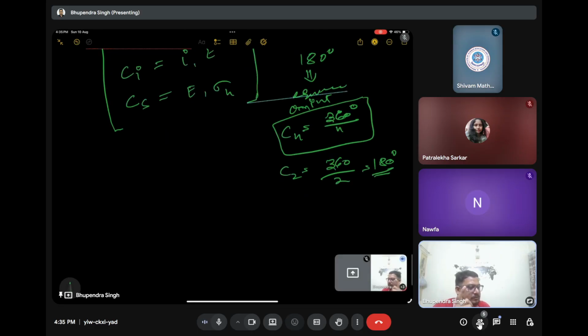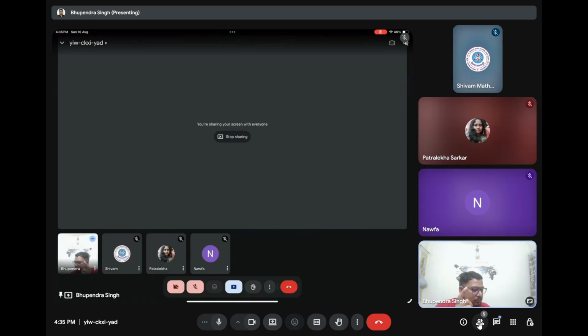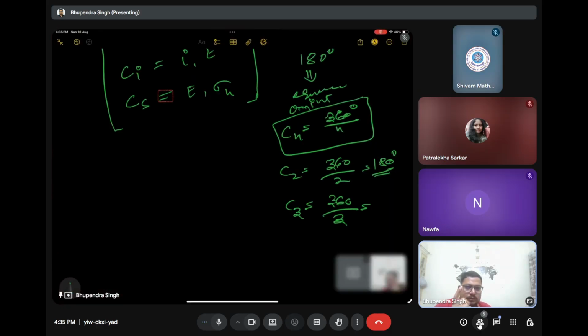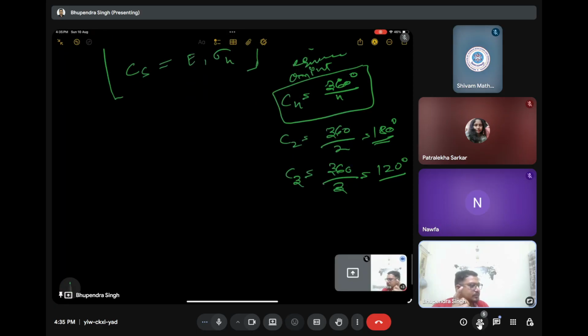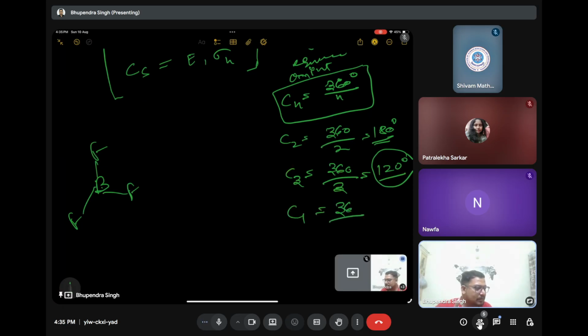Let's say in the case of C3, it is 360 divided by 3, which gives 120 degrees. This means if C3 is present in any molecule, let's say BF3, you are rotating the molecule by 120 degrees and getting the equivalent orientation of the molecule. If C1 is there, it means 360 divided by 1, which means 360 degrees.